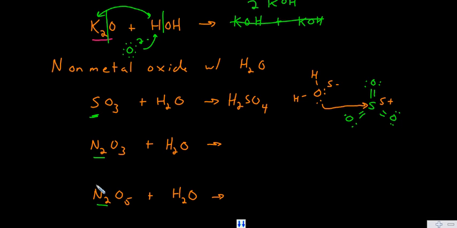So here are two different nitrogen oxides. So which one will form HNO3 and which one will form HNO2? These are common acids of nitrogen. You need to pay attention to the oxidation state of your non-oxygen nonmetal.